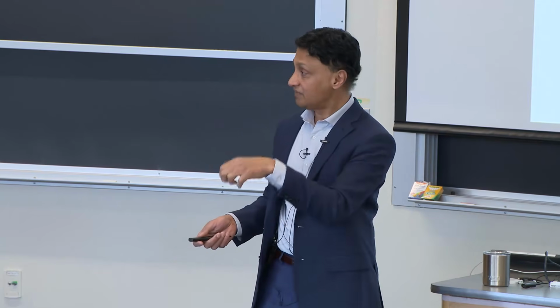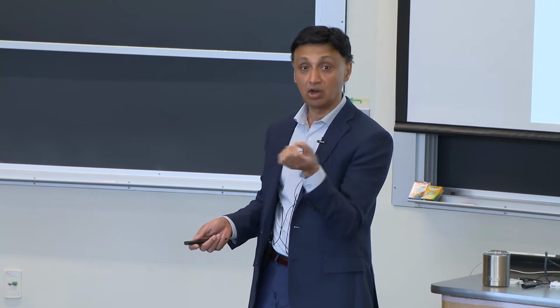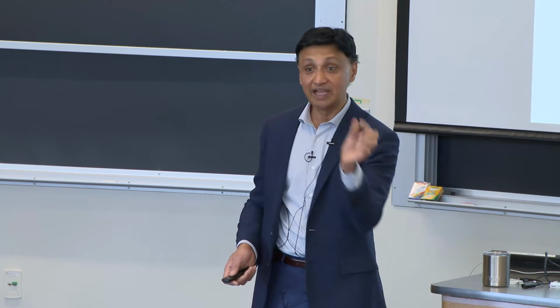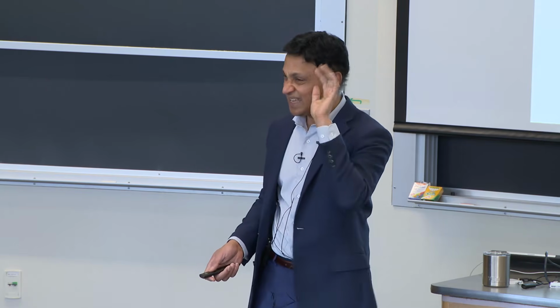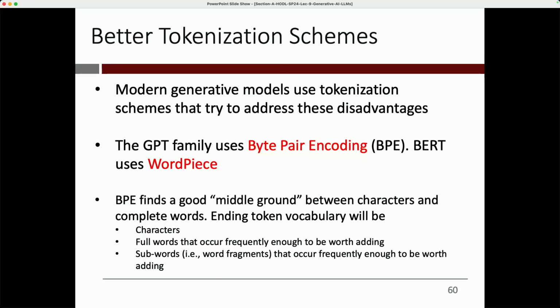But to give this thing the ability to compose new words and not always have to go to characters, we will give it parts of words. These are called subwords. So the key idea is to build a vocabulary which has characters, full words that are frequent enough to be worth adding, and subwords or word fragments that occur frequently enough to be worth adding.